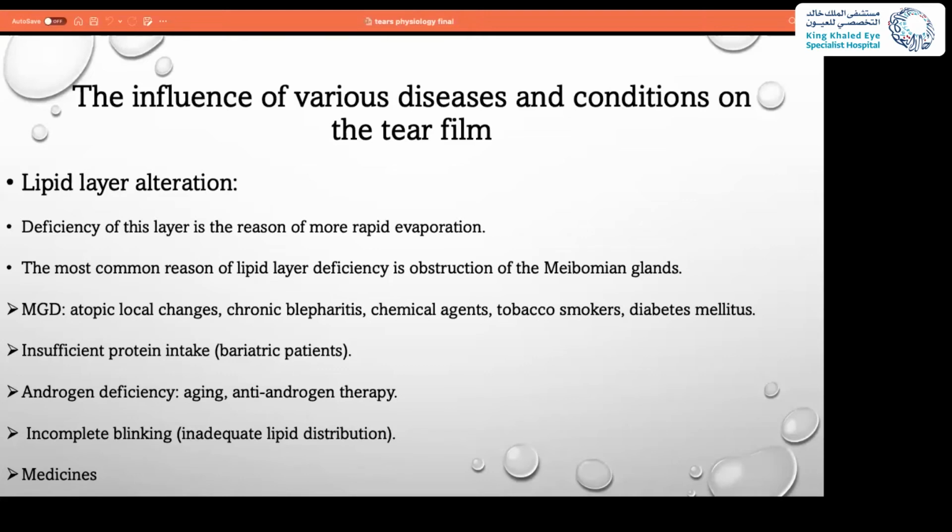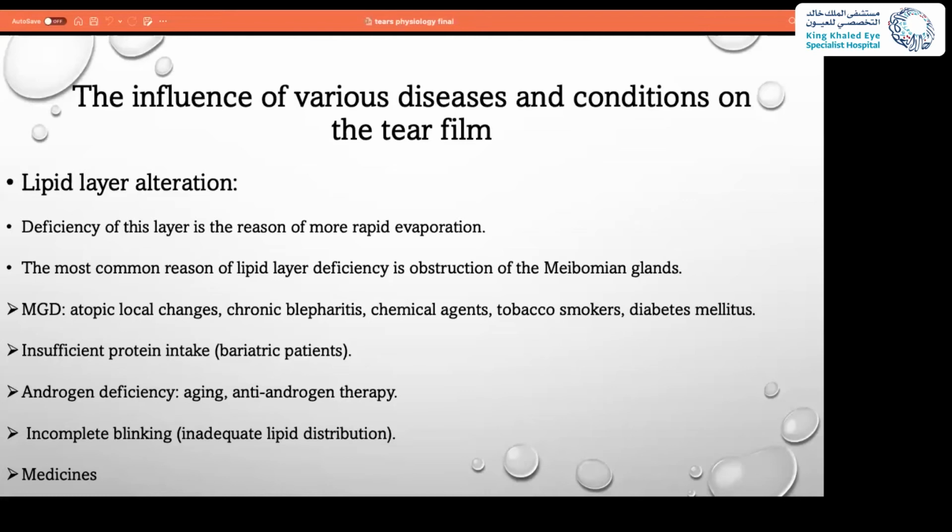Another reason for a disrupted lipid layer is insufficient protein intake, as either malnutrition or malabsorption in bariatric patients. Androgen deficiency due to aging or anti-androgen therapy, or congenital impairment or even absence of androgen receptors.